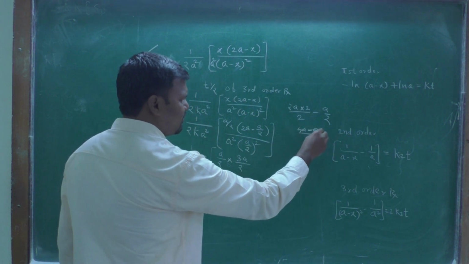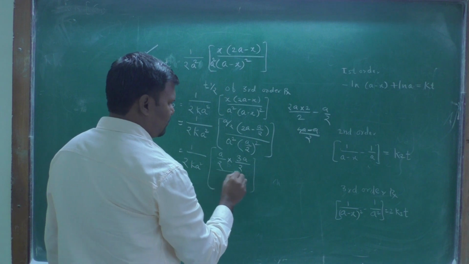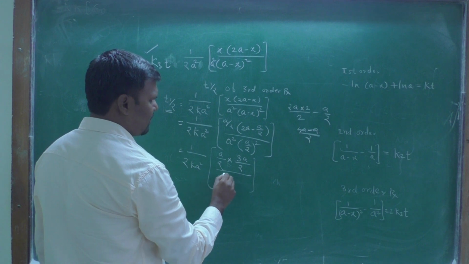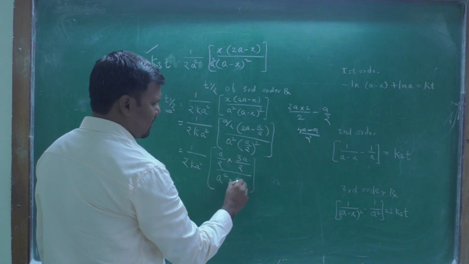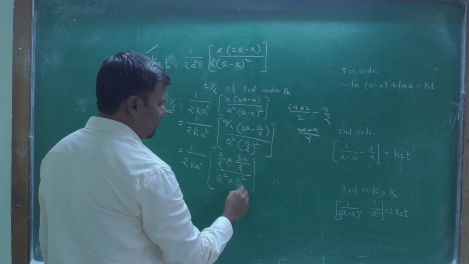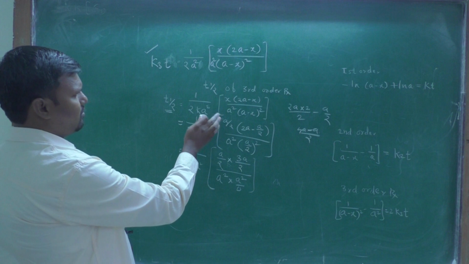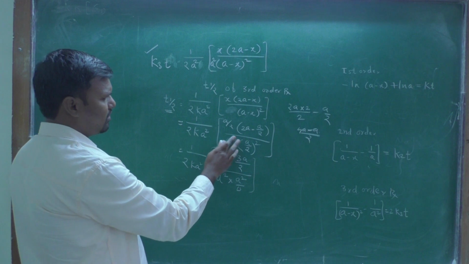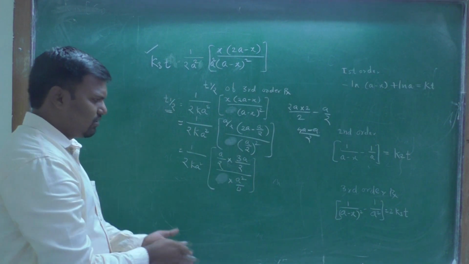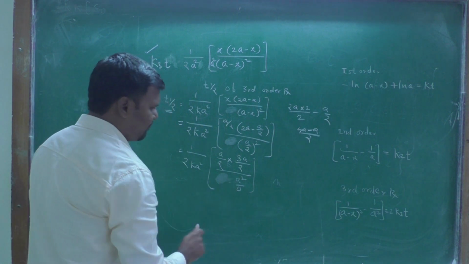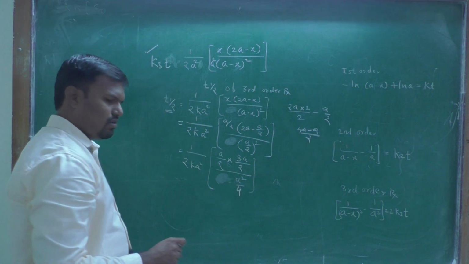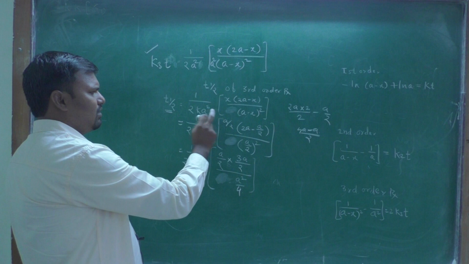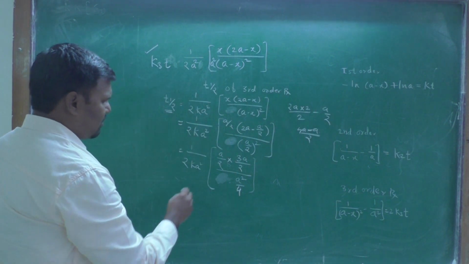Therefore 4a minus a is 3a upon 2, upon a square by 4. Remember that the a square was previously taken outside, that's why it is not written like that.